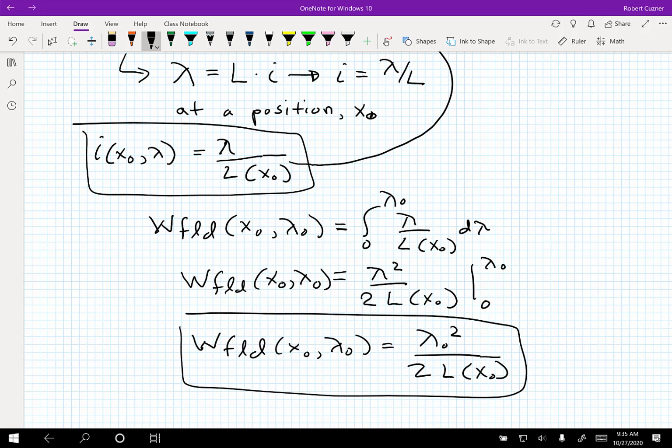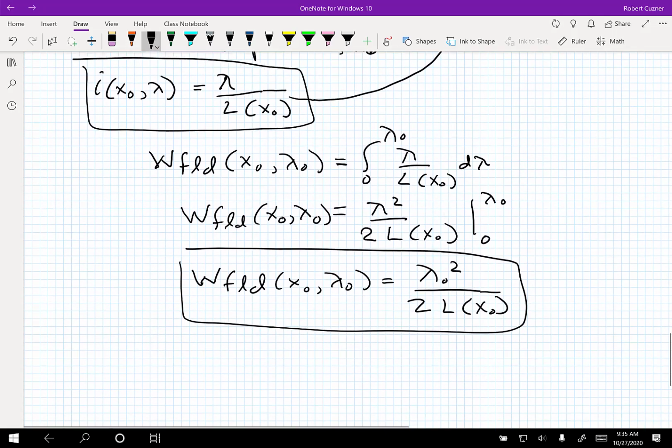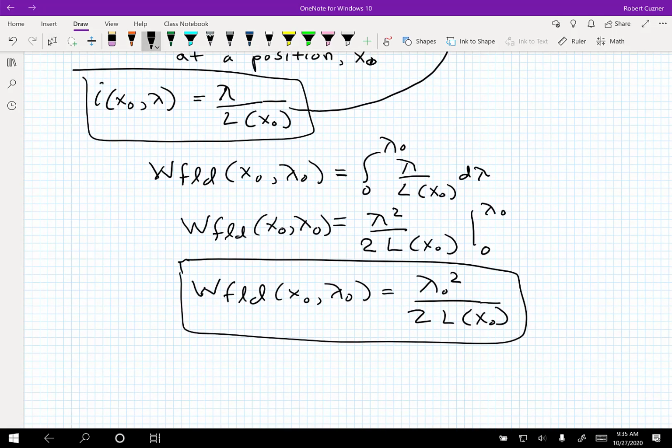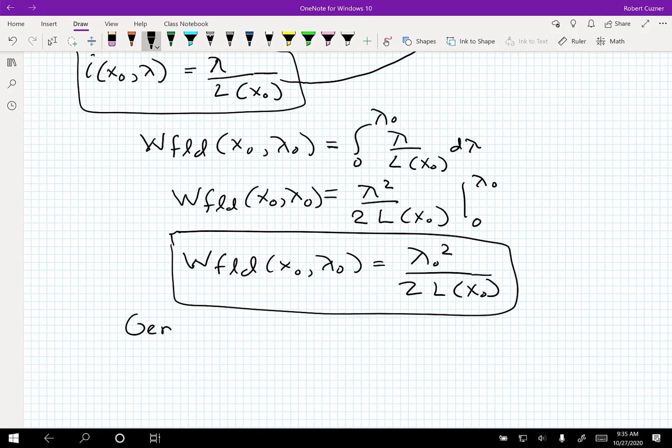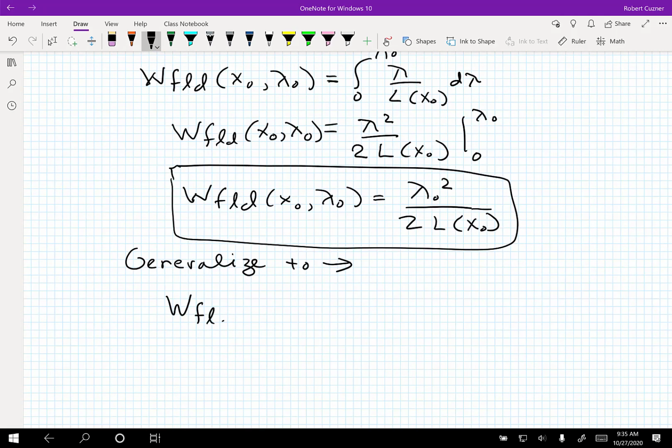So what we've done is we've found this point right here by doing a pretty general integration and come up with a pretty meaningful expression, which we can then generalize to the energy. Magnetic energy is a function of x and lambda, equal to lambda squared over 2L, as a function which is varying with x.